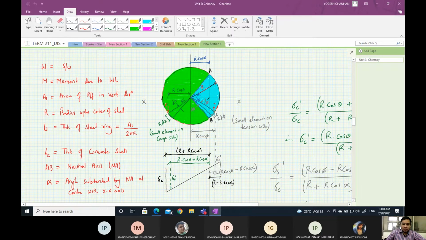The distance of the extreme fiber on the tension side will be r minus r cos alpha, and similarly the distance of the extreme compression face will be r plus r cos alpha from the neutral axis.